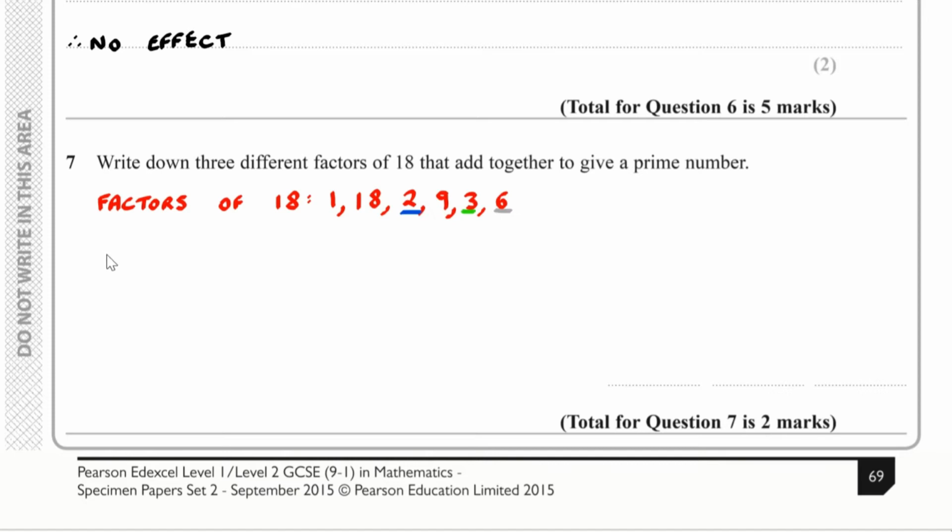Well, 2 plus 3 plus 6 is equal to 11. 11 is a prime number, it's only got factors of 1 and itself. So possible numbers we could write down are 2, 3, and 6.